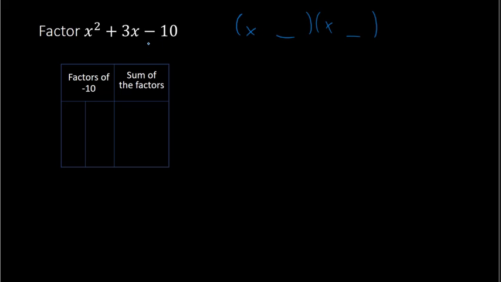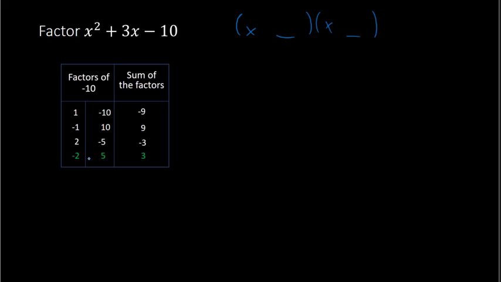We have 1 times negative 10, and if we add 1 and negative 10 together, we get negative 9. We could do negative 1 and positive 10, which would add to be a positive 9. We could do 2 times negative 5 to get negative 10, which would add to be negative 3. Or we could do negative 2 and positive 5, which would add to be a positive 3.